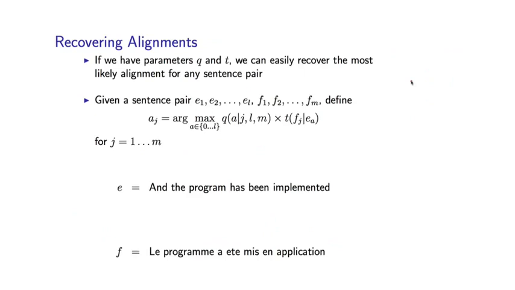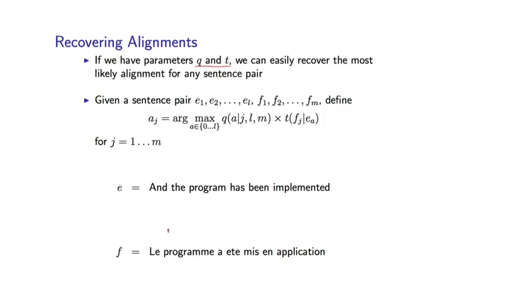A final point I wanted to make about IBM Model 2 is the following. Once we have the parameters q and t, and we'll talk next about how to estimate these parameters from training examples, it is very straightforward to find the most likely alignment for a given sentence pair.